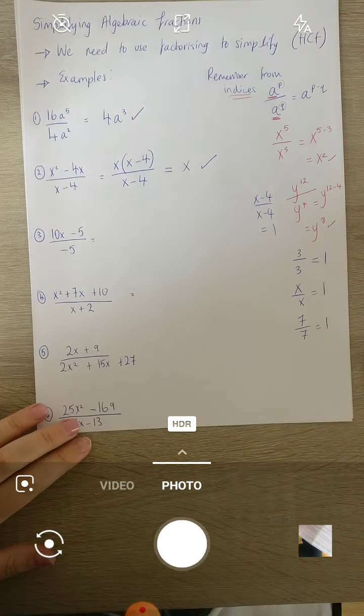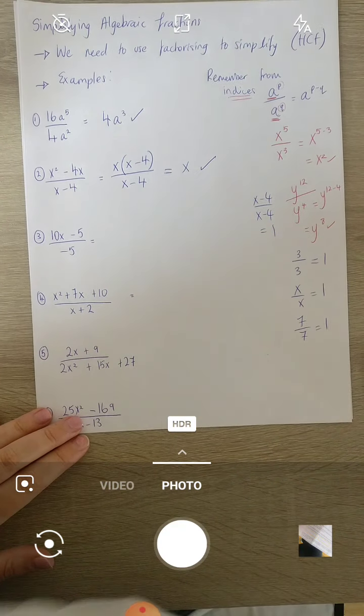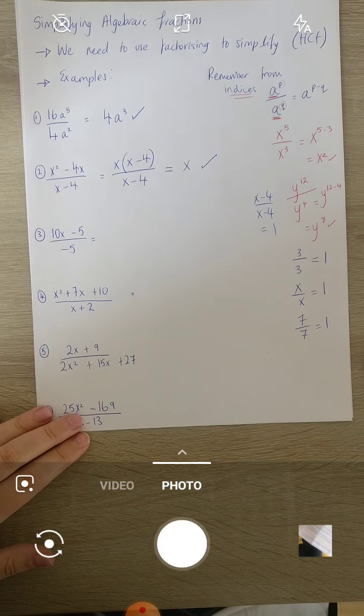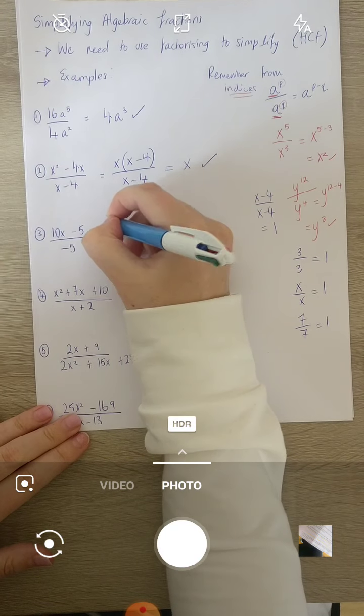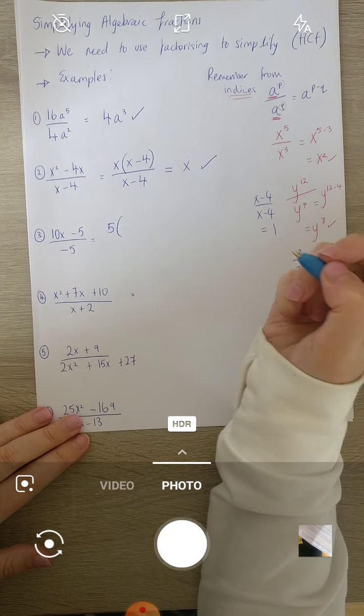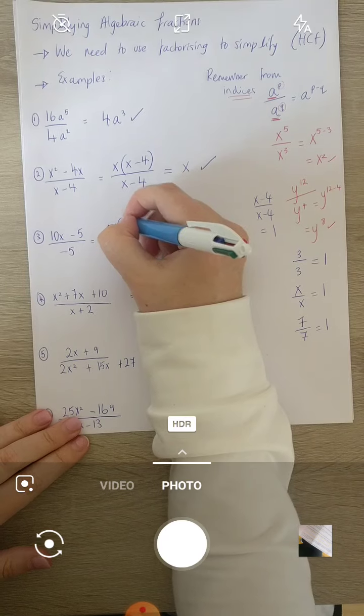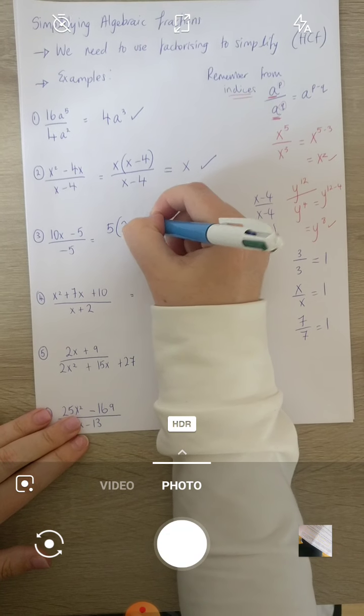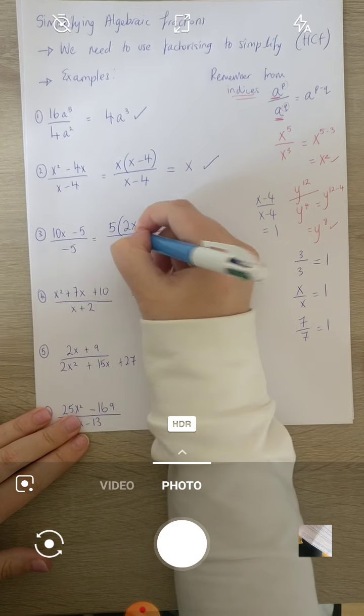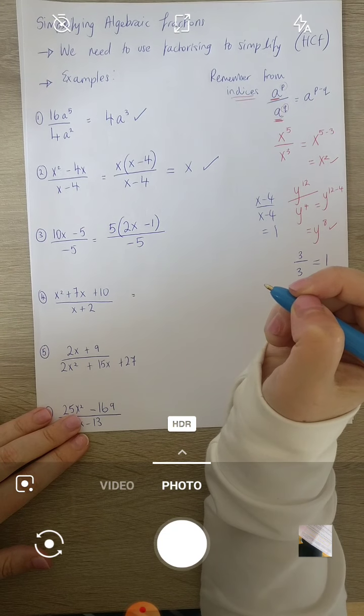Okay, top line here we've 10x minus 5. So 10x minus 5, highest common factor is 5. And we're left here with our 2x minus 1 over minus 5.